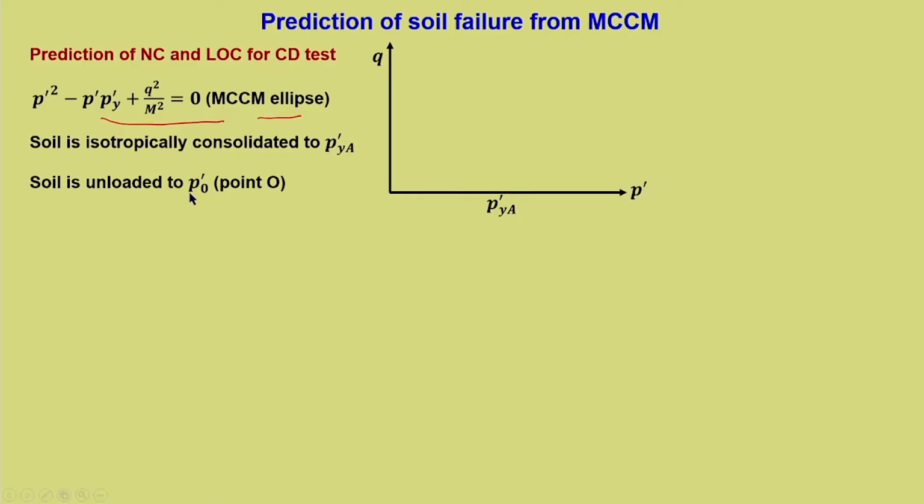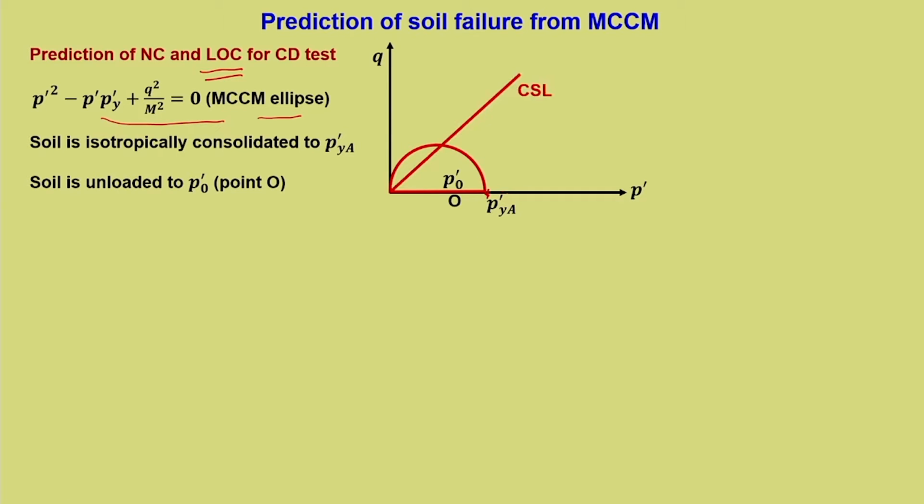Soil is now unloaded to p'0, that is point O. Why? To create a LOC state. So, this is p'0, and the yield curve corresponding to this will be this. So, the maximum point is p'yA.